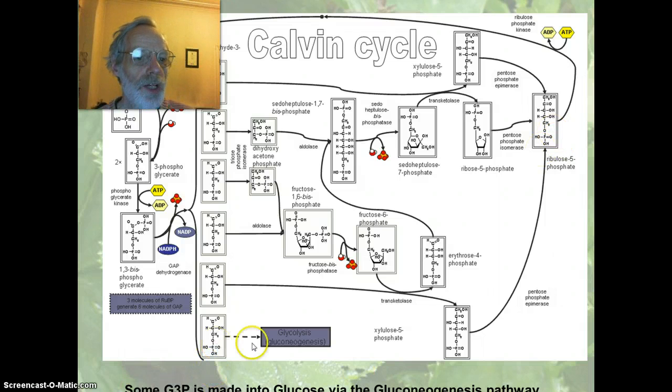Some of it goes to a reversal of glycolysis, gluconeogenesis, that remakes glucose, and then the glucose can be used by the plant for energy in a similar way to how it's used by other organisms, as we'll see in a later lecture about respiration. So some of the G3P goes to make glucose for respiration.